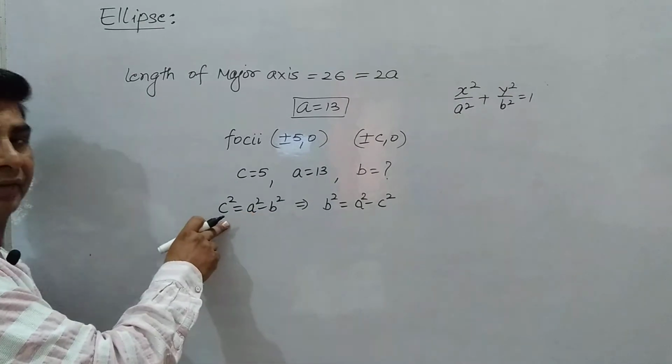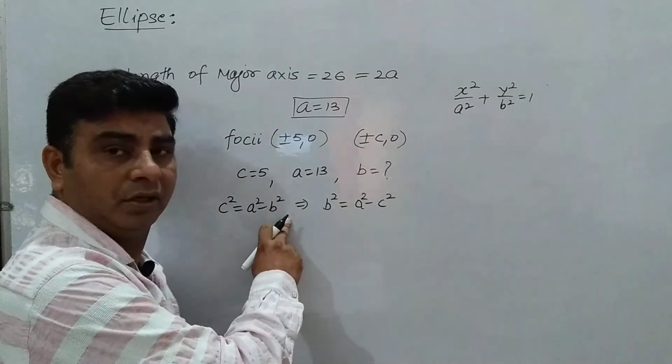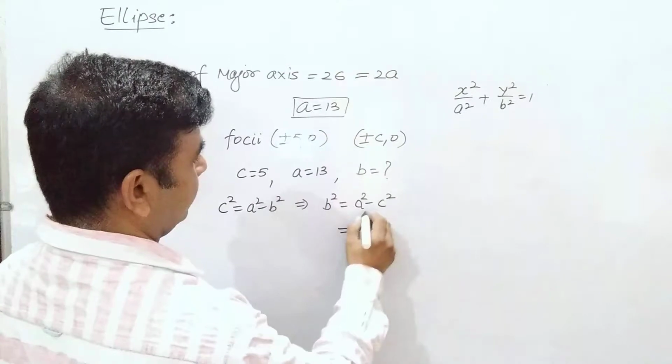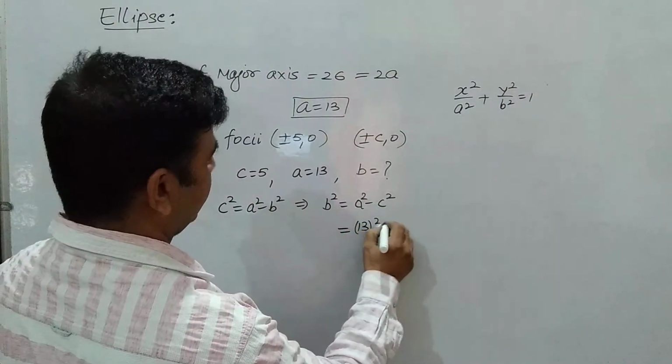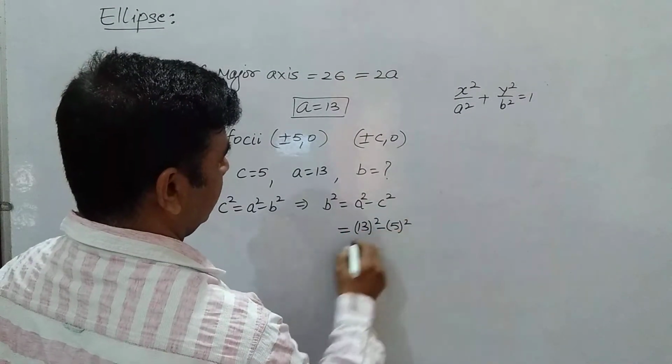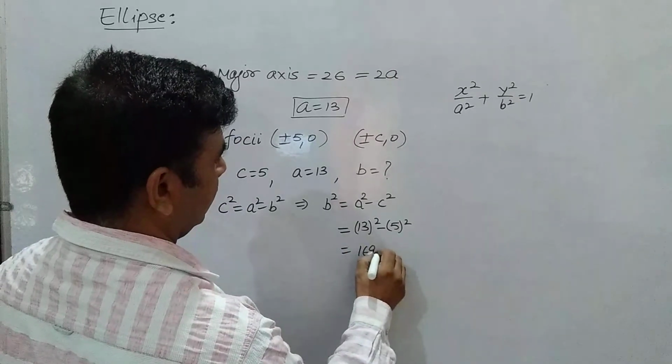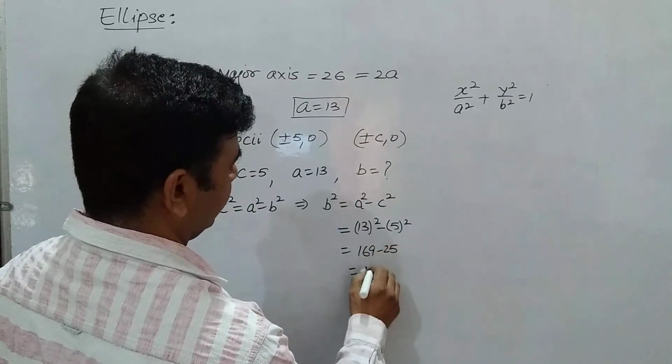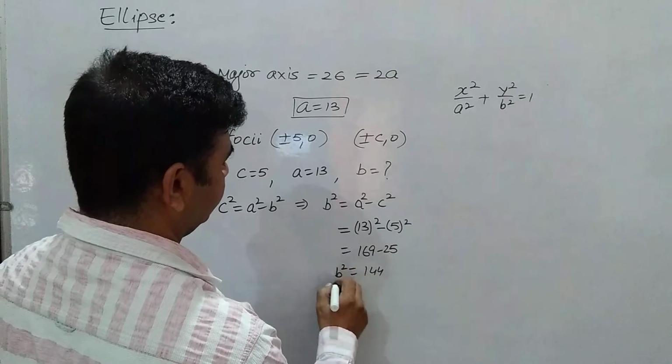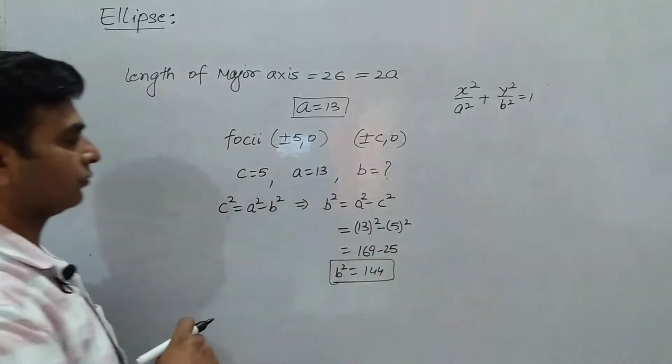Taking b square on the left hand side and c square on the right hand side, b square is 13 square minus 5 square, which is 169 minus 25, which is 144. So the value of b square is 144.